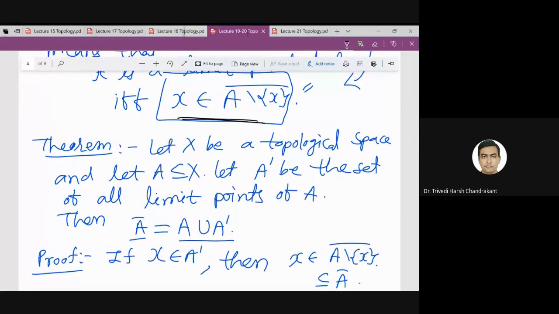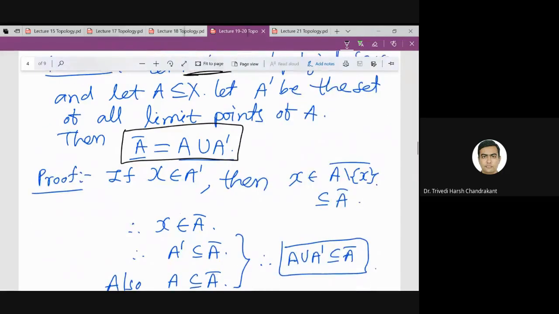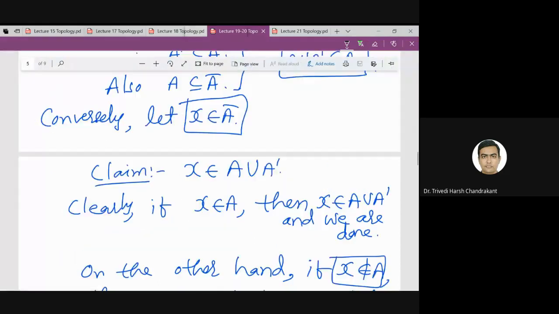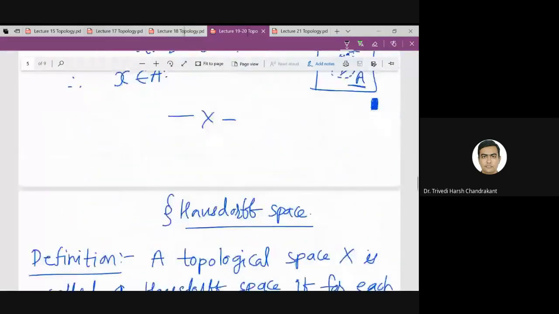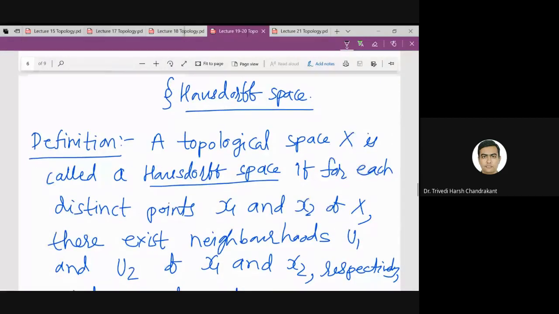We have generalized the result of real analysis for any topological space: if A is a subset of X and A' is the set of all limit points of the given set A, then A closure is nothing but A union the set of limit points, A union A'. After this result, we discussed the definition of Hausdorff space.